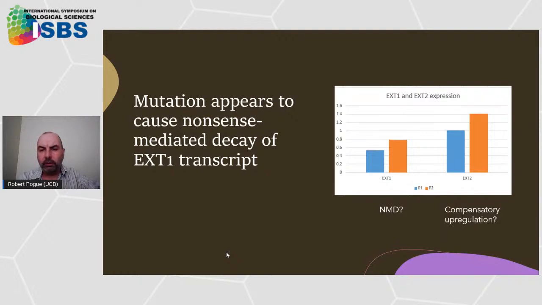Now, nonsense-mediated decay, for those who are not aware, is a situation in which, when there are nonsense mutations in a gene, the cell seems to have a mechanism whereby, rather than wasting energy expressing the gene and translating the protein, it is able to destroy the transcript by detecting the presence of the nonsense mutation. This only occurs if the mutation is present before the last exon of the gene, which is the case in our situation.